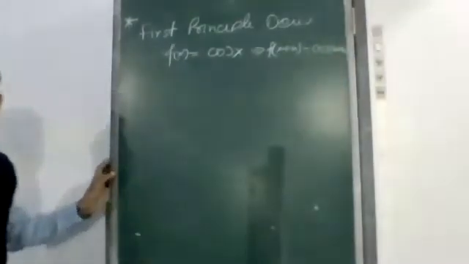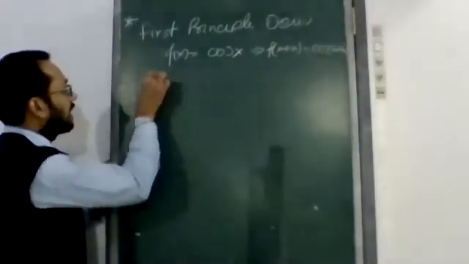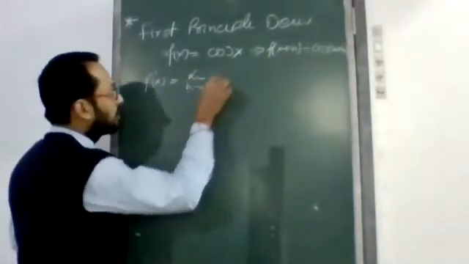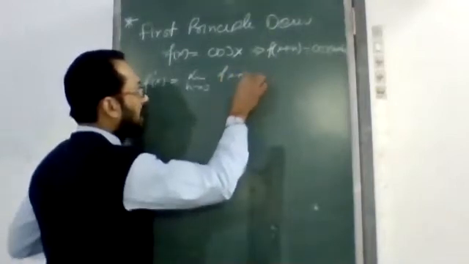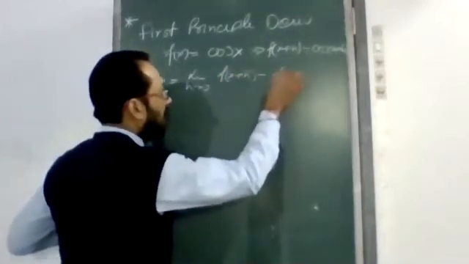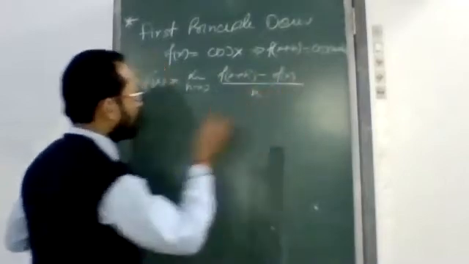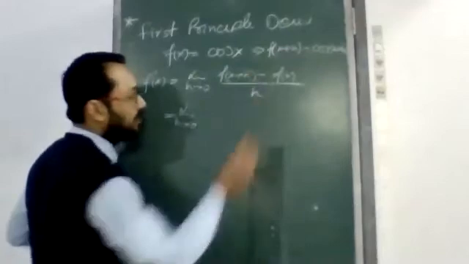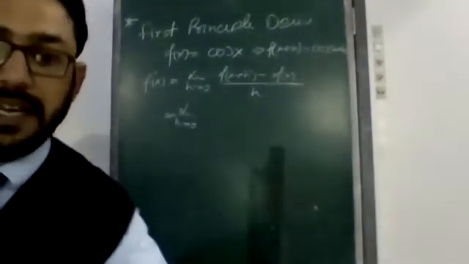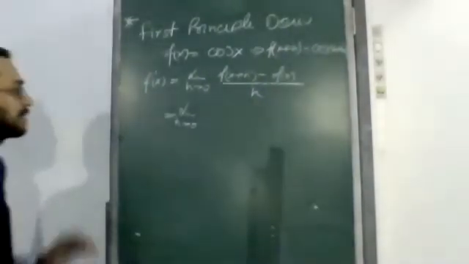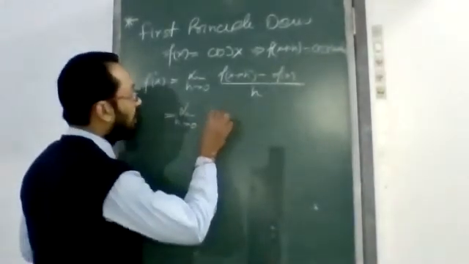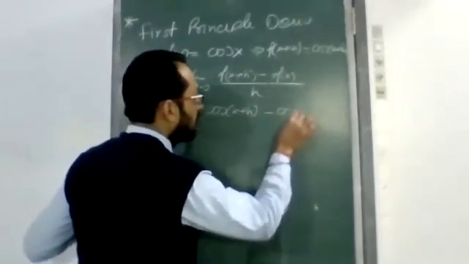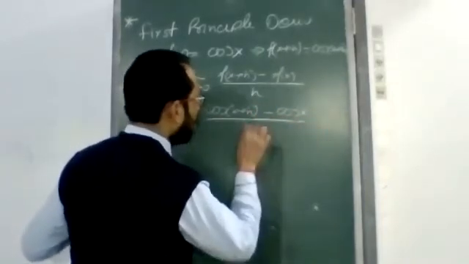The derivative of this, we remember the formula, limit of h tends to 0, f(x plus h) minus f(x), whole on h. Wherever x is there, we need to write x plus h. So it will be cos(x plus h) minus cos x upon h.